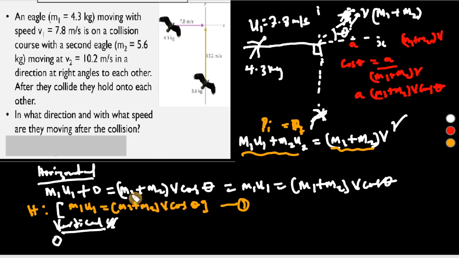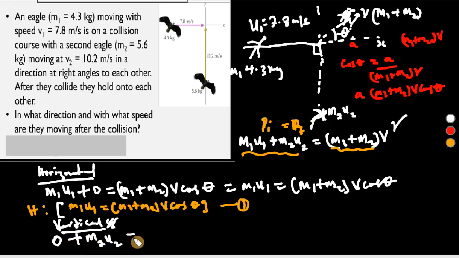Since we consider this as the first eagle, this is m1 and this is u1. This one will be m2 u2. So this is 0 plus m2 u2 because we are considering a vertical motion.